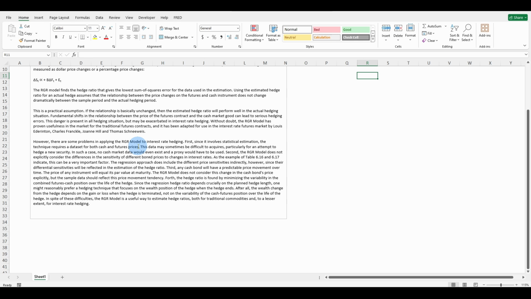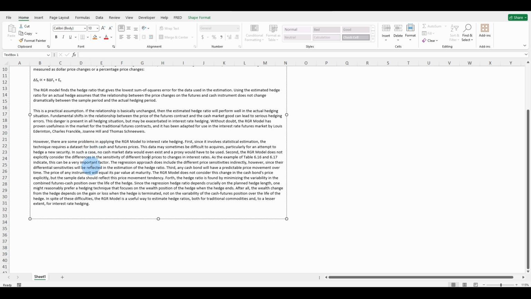Second, the RGR model does not explicitly consider the differences in the sensitivity of different bond prices to changes in interest rates. As the example of tables 6.16 and 6.17 indicates, this can be a very important factor. The regression approach does include the different price sensitivities indirectly, however, since their differential sensitivities will be reflected in the estimation of the hedge ratio.